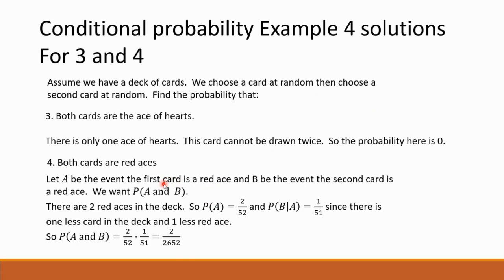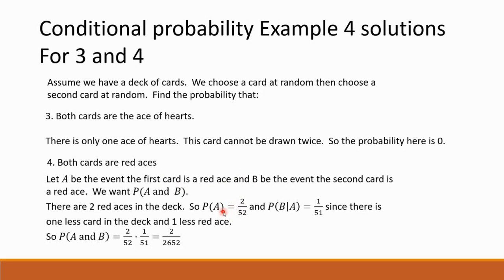So for the first card to be a red ace, A is that event. B is the event that the second card is a red ace. There are 2 red aces in the deck, right? The probability of A is 2 out of 52.